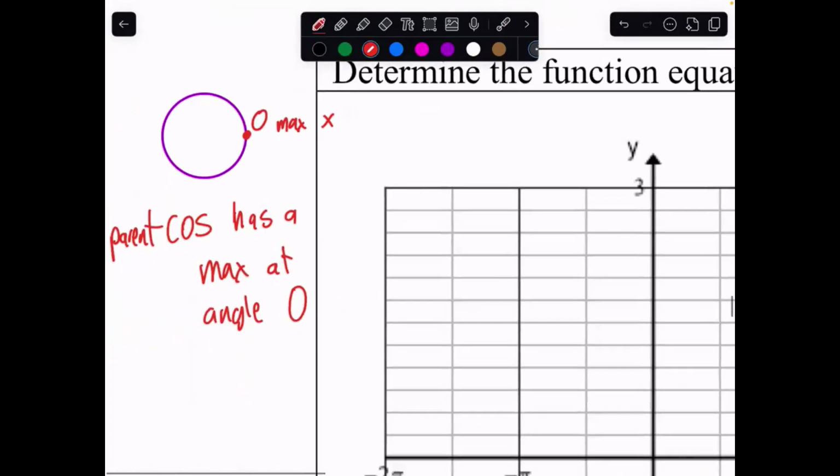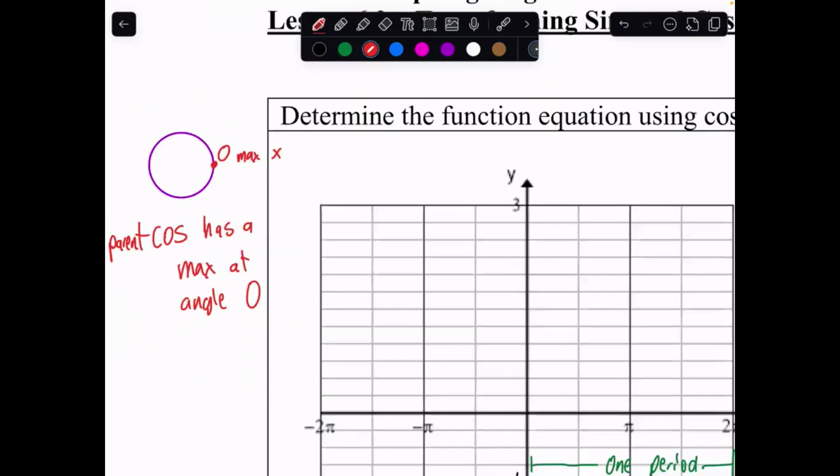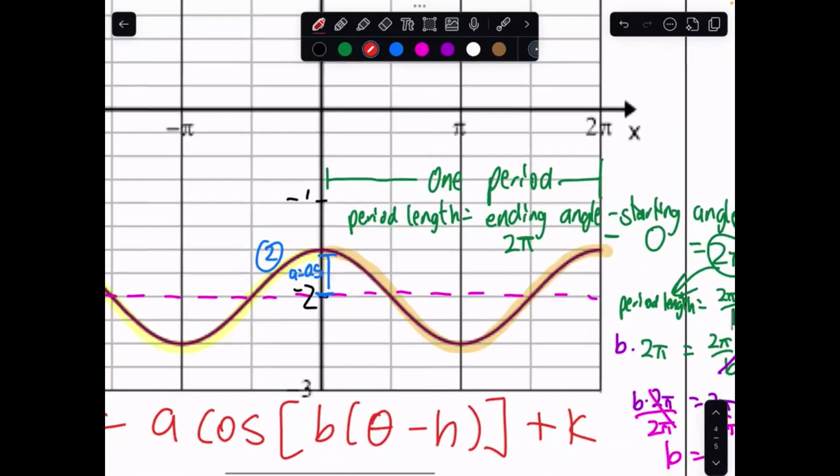So H would shift that. H would shift the maximum from 0 to somewhere else. If we look at this, at angle 0, there is a maximum. So we can say that the maximum didn't get shifted at all, right? So we could say that H is 0.